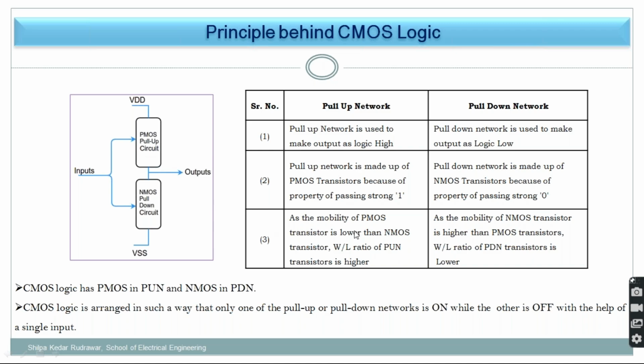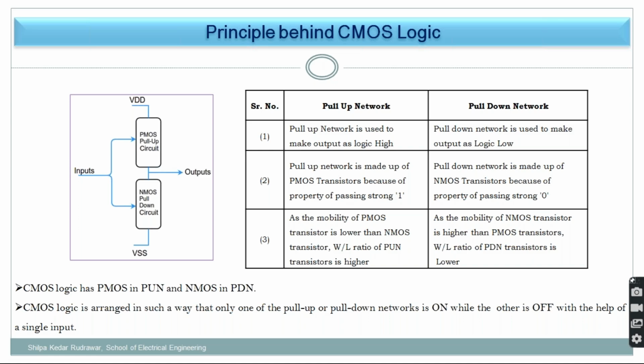Now I told you related to the W/L ratio, it should be higher for PMOS and lower for NMOS, meaning the PMOS W/L ratio, that is width to length ratio, should be twice or 2.5 times that of the NMOS, because NMOS has electrons as the majority charge carrier and the mobility of electrons is more.